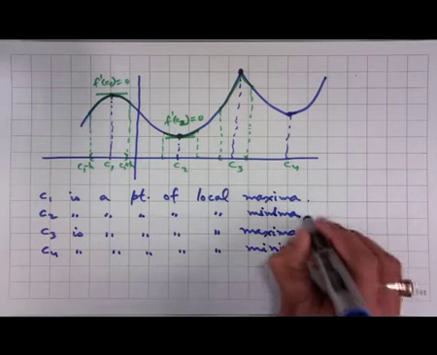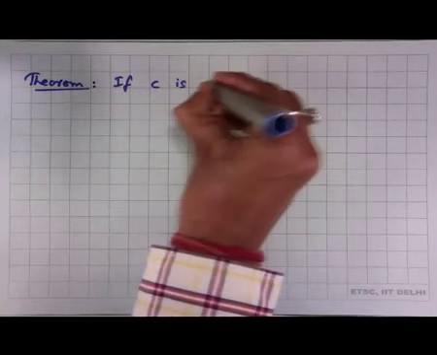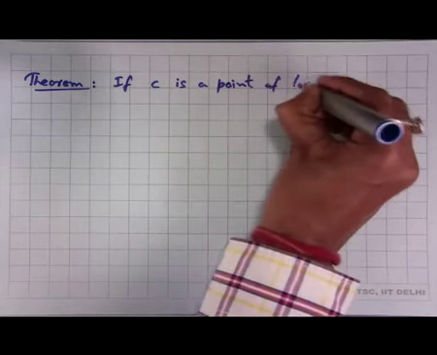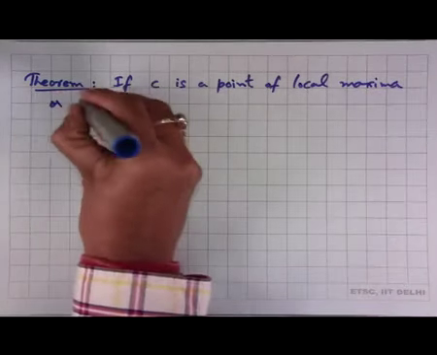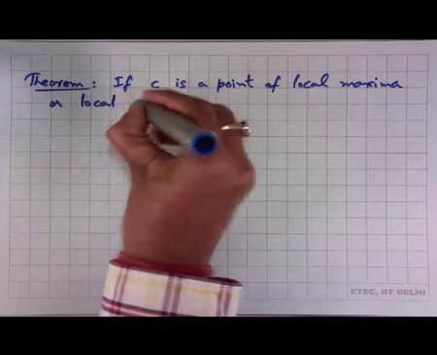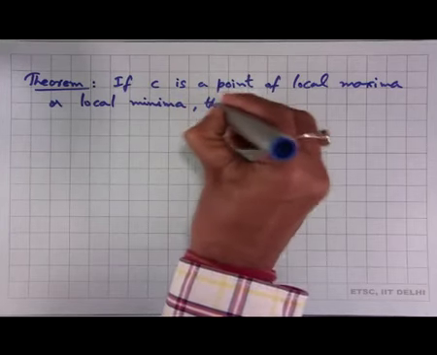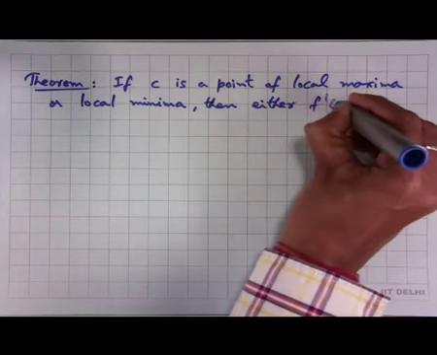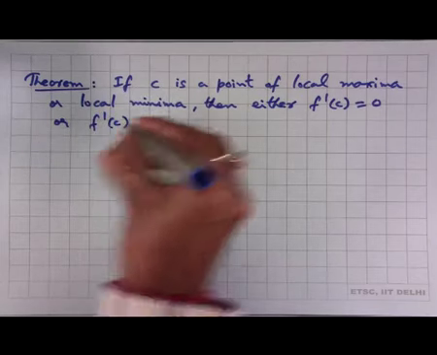What we know is that if c is a point of local maxima or local minima, then either f prime c is equal to 0 or f prime c does not exist.